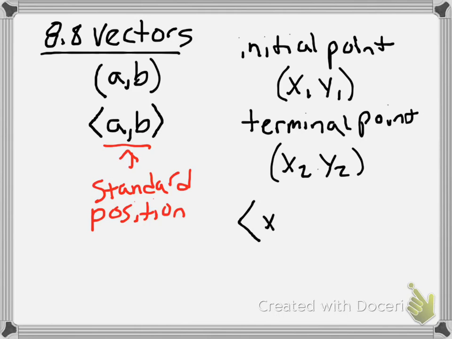So we just do x2 minus x1, comma, y2 minus y1. And that will be our standard position. So we're going to look at a couple examples of this, as well as be able to graph them.